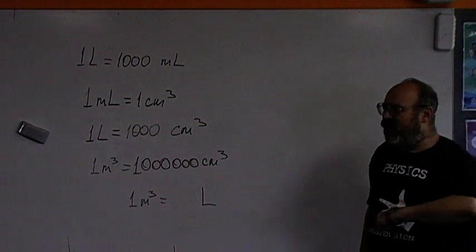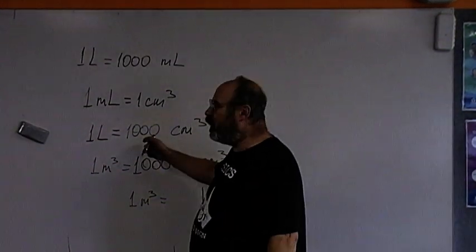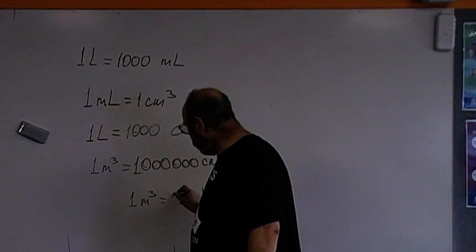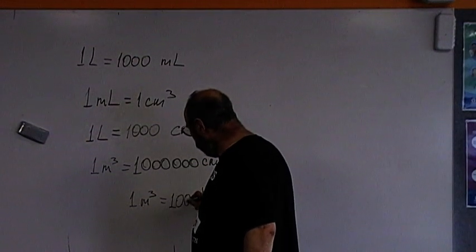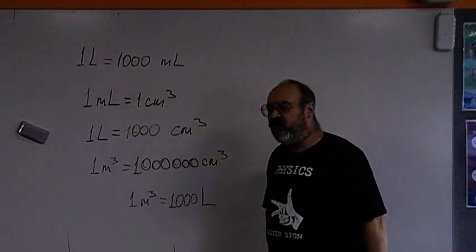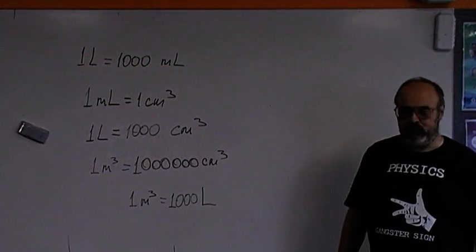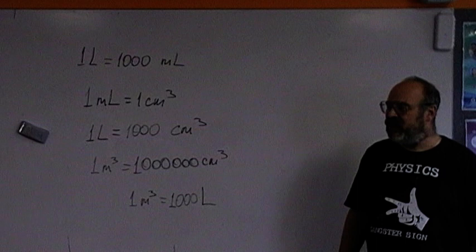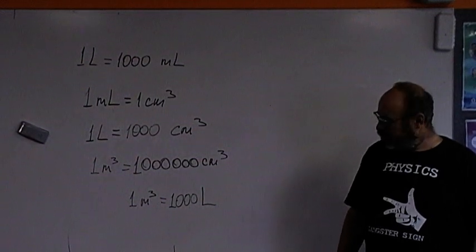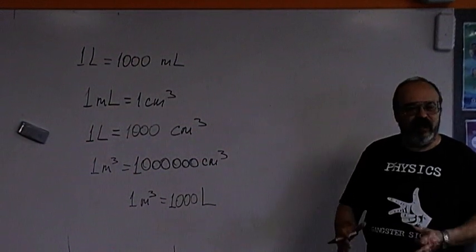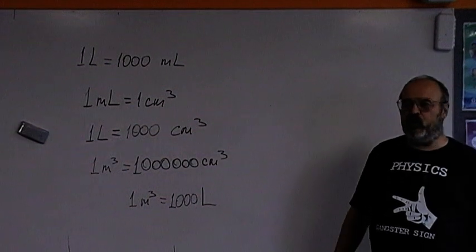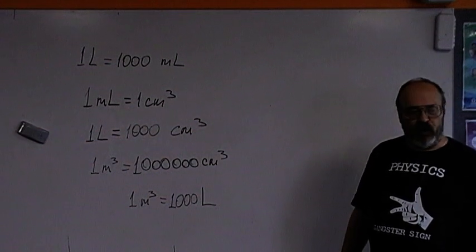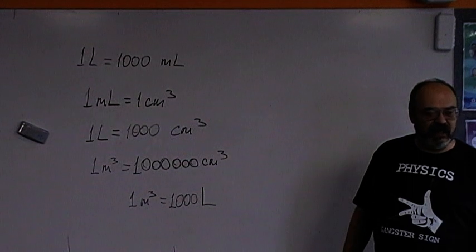Well done. 1 million divided by 1,000 is 1,000. So 1 cubic meter is 1,000 liters. A liter is a unit for volume, but usually we use liters for the volume of liquids and gases.